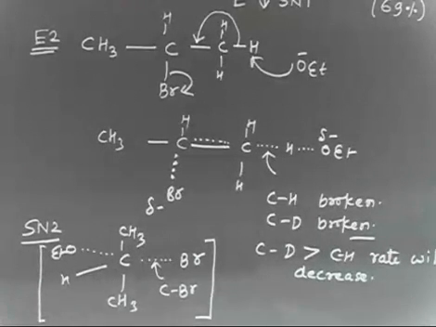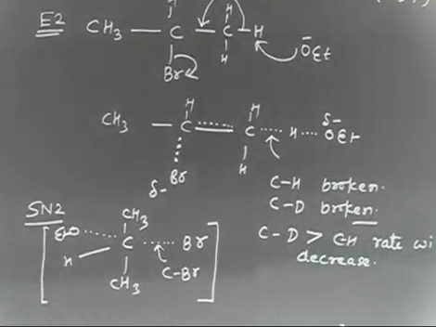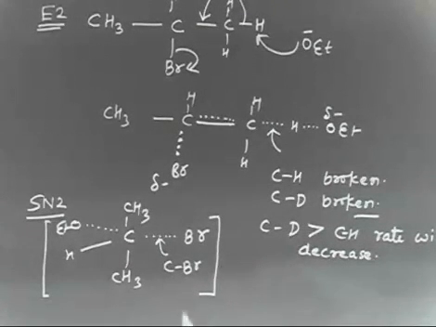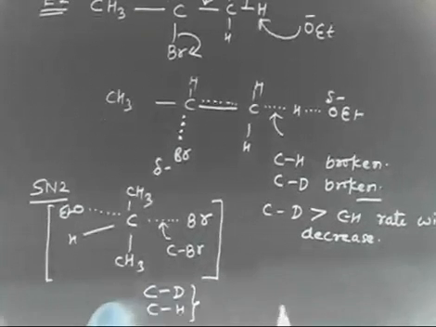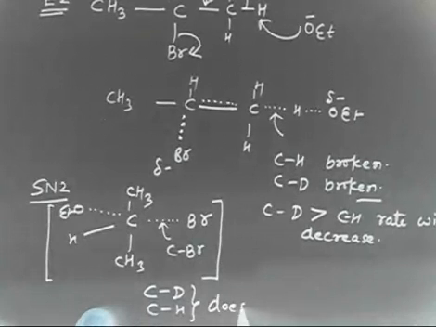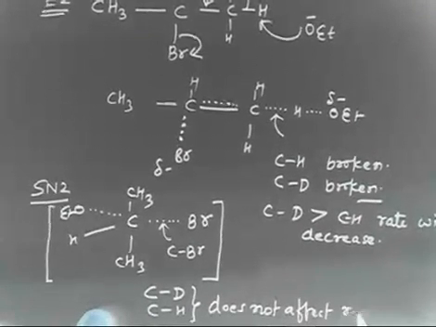The carbon hydrogen bond does not break. So if I replace carbon hydrogen with carbon deuterium, it does not change. Carbon deuterium or carbon hydrogen does not affect the rate, does not affect the RDS.